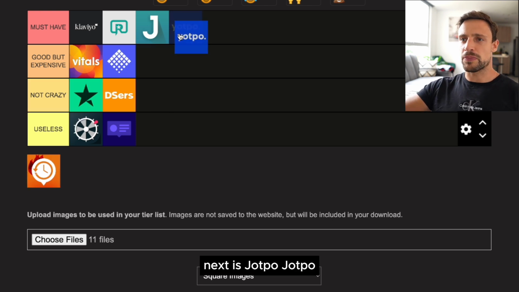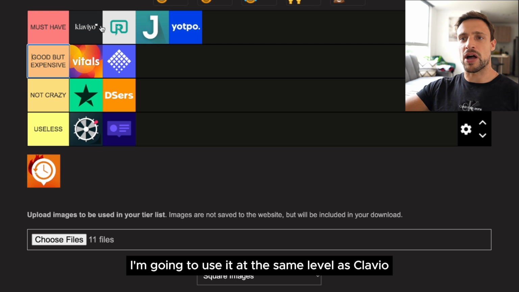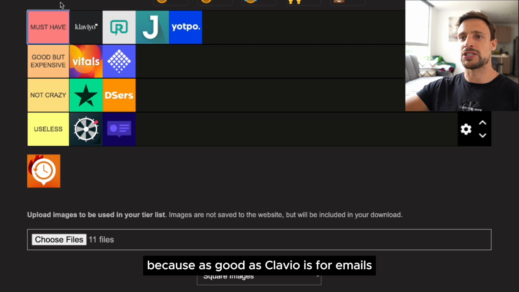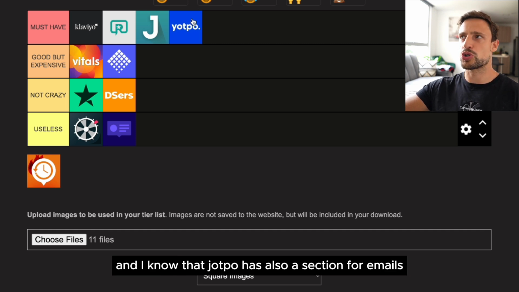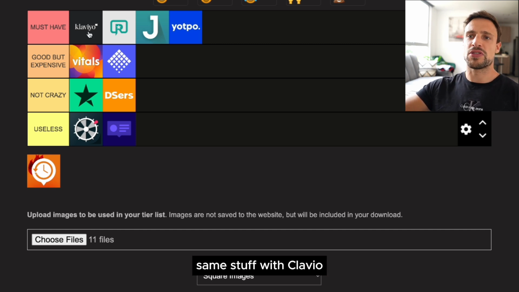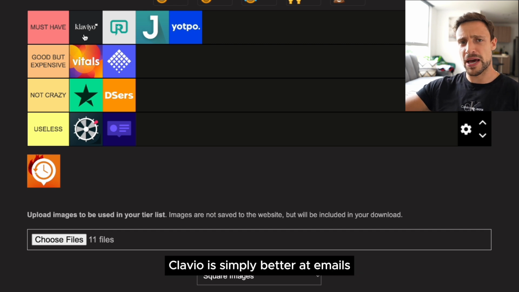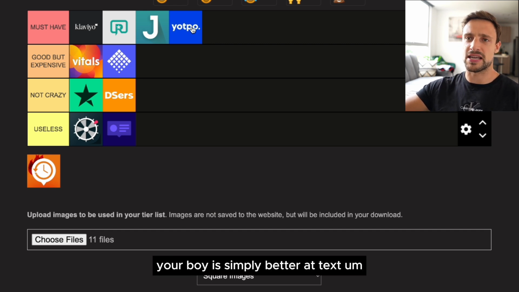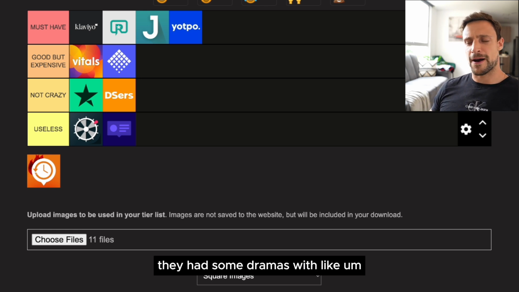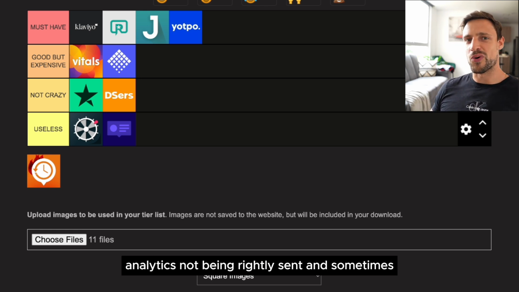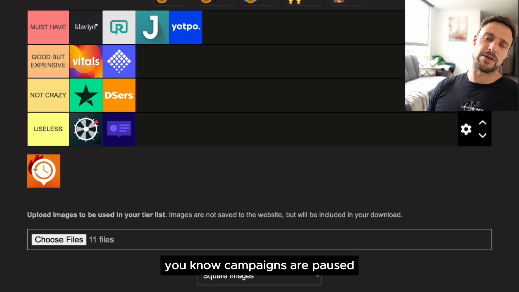Next is Yotpo. I'm going to put it at the same level as Klaviyo, because as good as Klaviyo is for emails, Yotpo does the job for text. I know that Yotpo also has a section for emails, same stuff with Klaviyo. Klaviyo is simply better at emails, Yotpo is simply better at text. The only thing is, because it was SMSBump back in the time, they had some dramas with analytics not being rightly sent, and sometimes campaigns are paused.